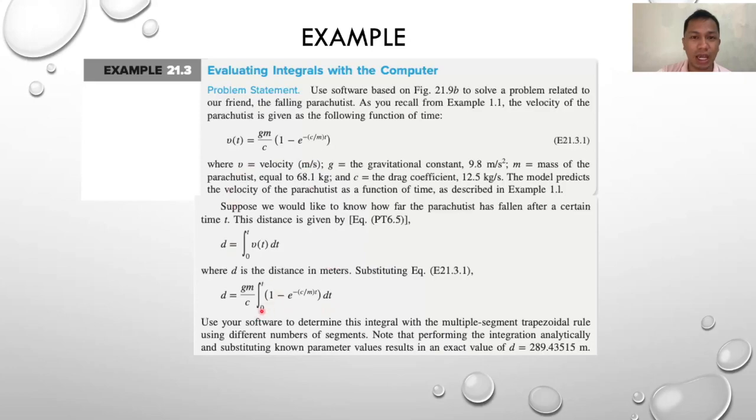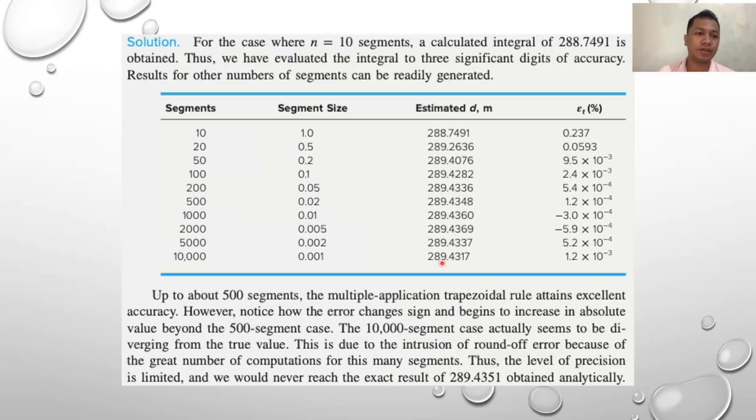So d is equal to gm over c, integral of 1 minus e to the power of negative quantity c over m t dt from 0 to t.